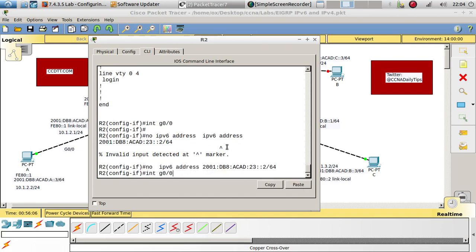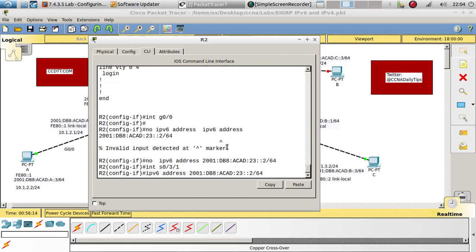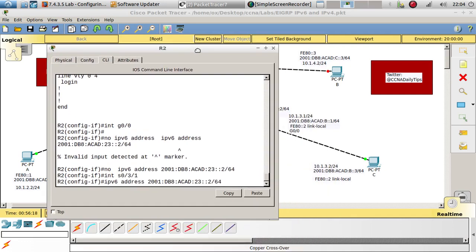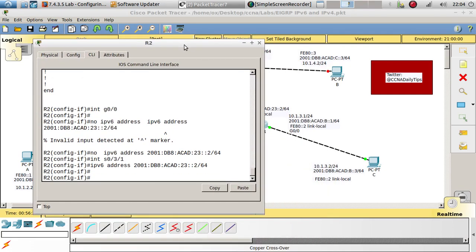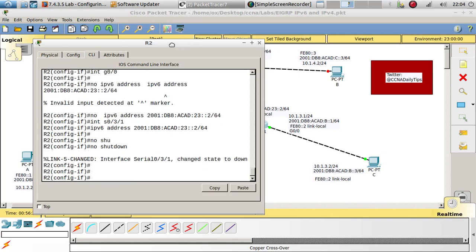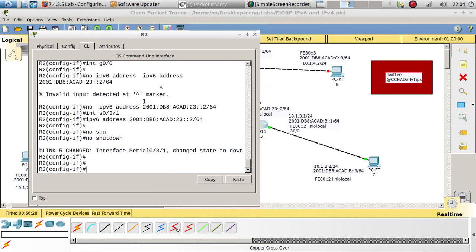Now we should be able to go to this interface and configure that IP address, which is 23.2. There it is. So no shutdown. Okay, so this interface is good. It's up and running.